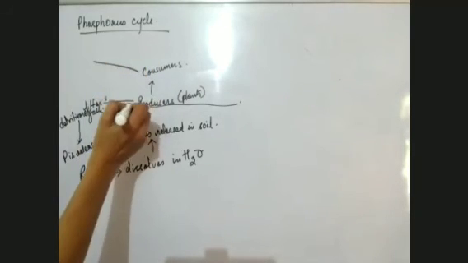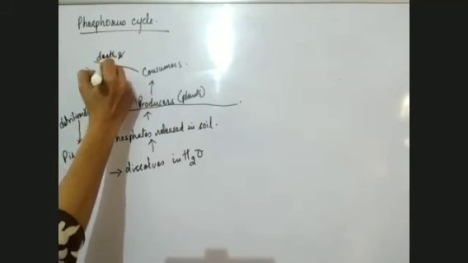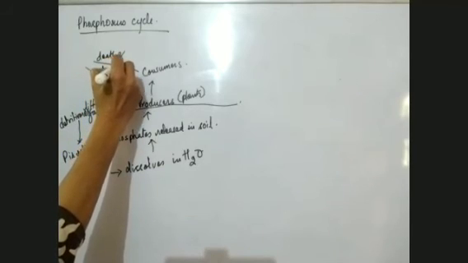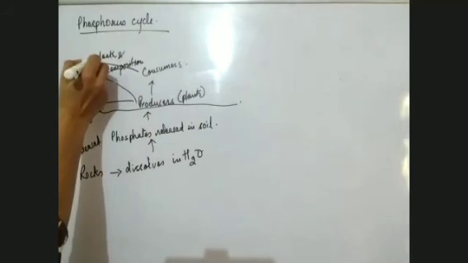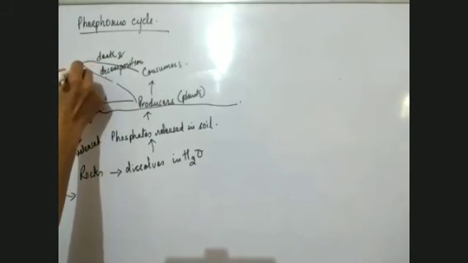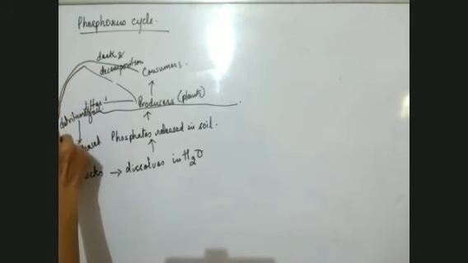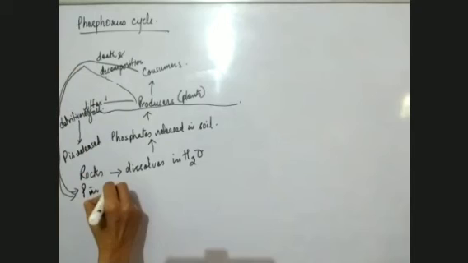At the same time, when the consumers and the producers die, their bodies decompose. Decomposition also releases phosphorus into the soil.